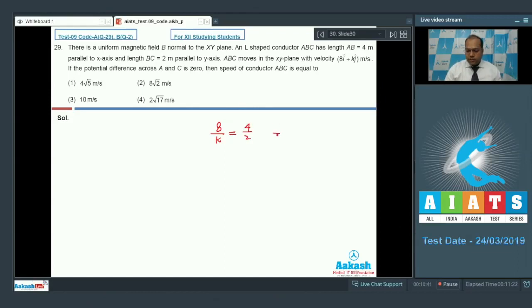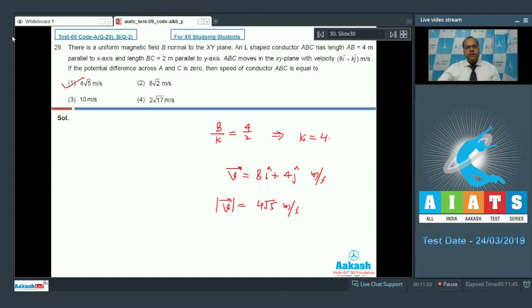So if I solve this, the value of k comes out to be 4. So the velocity is given by 8i cap plus 4j cap meter per second, and if I calculate the magnitude of this velocity, then it comes out to be 4 root 5 meter per second. So option 1 is the correct answer.